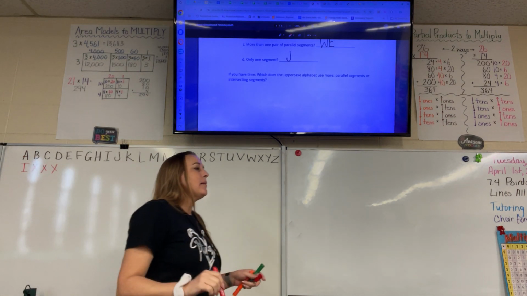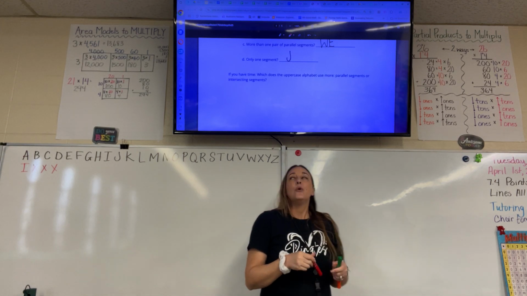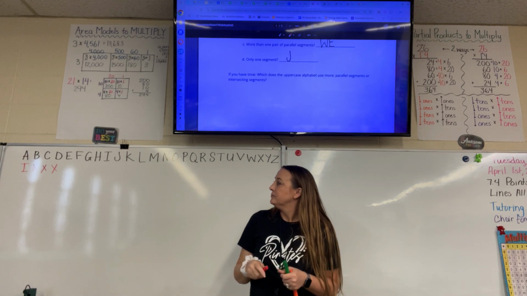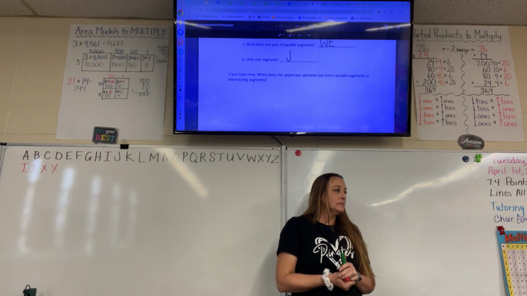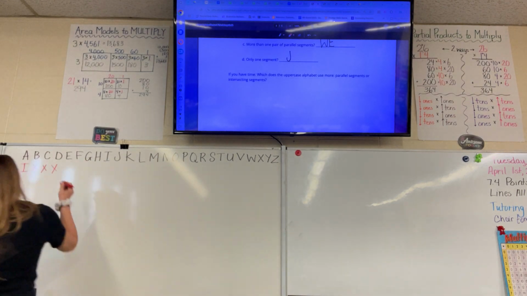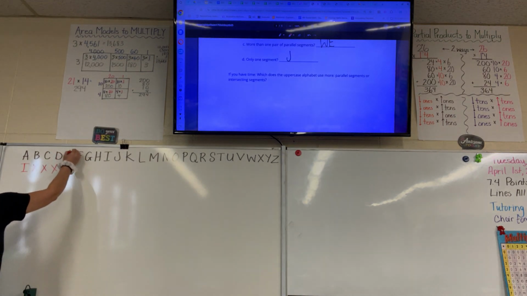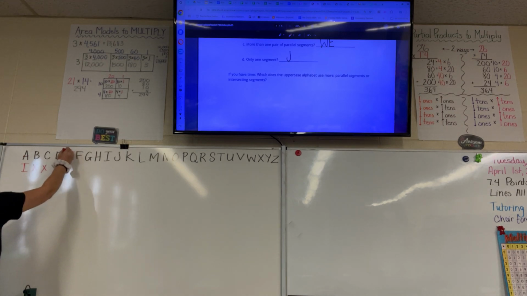So Todd, tell me about E. Does it have parallel, intersecting, or both? It has both, because the top of the E, we talked about E a second ago, and the bottom are parallel, and that middle is also parallel, but they also intersect here, don't they?